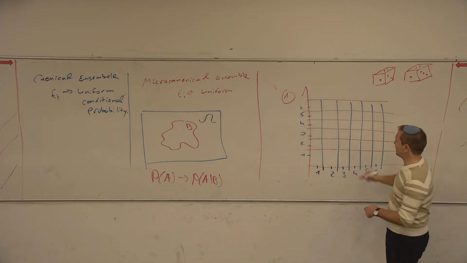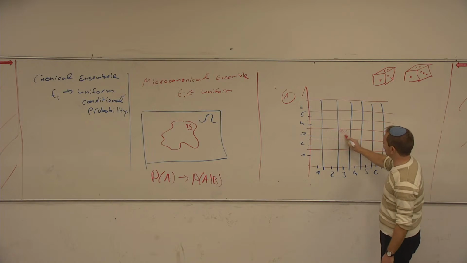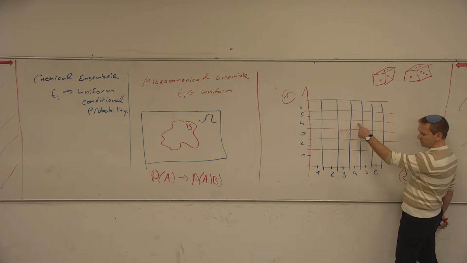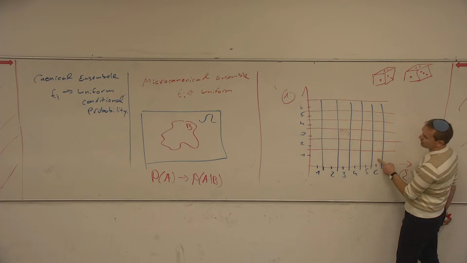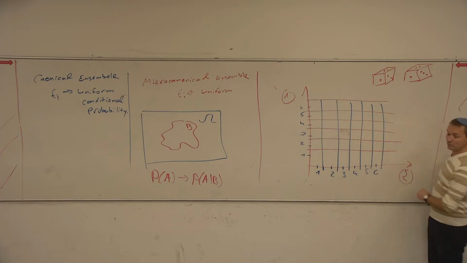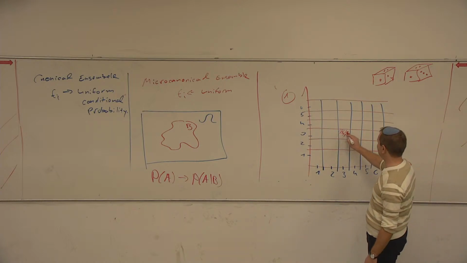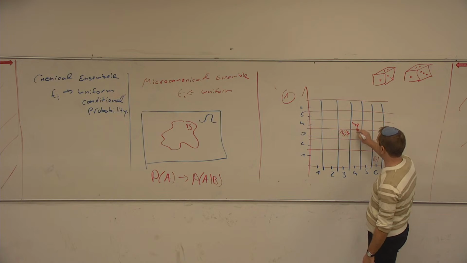Right? So for example, this square over here is an outcome 3, 3, and this one is 4, 4, and this one is 6, 1.